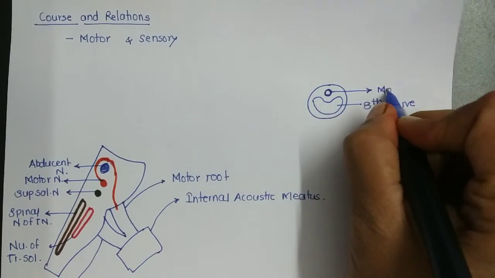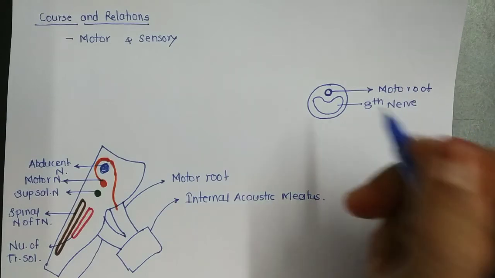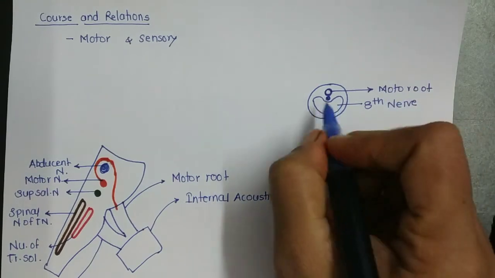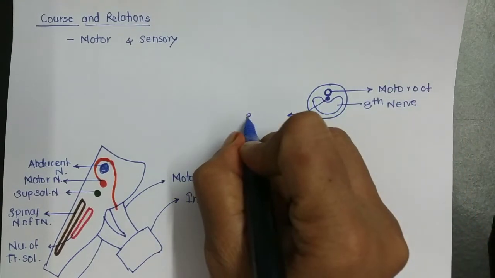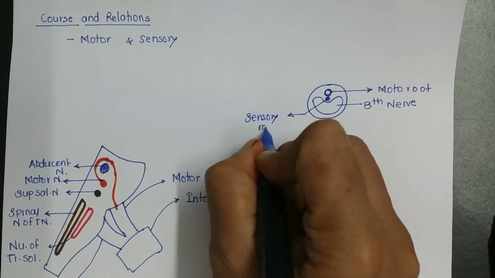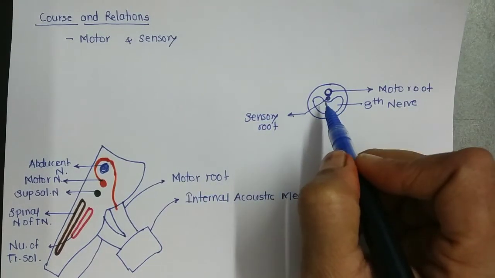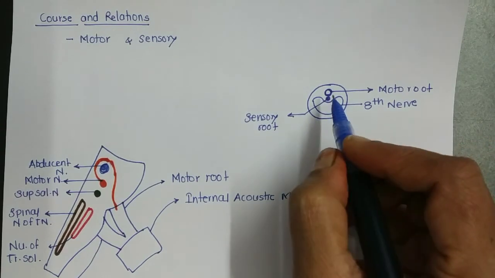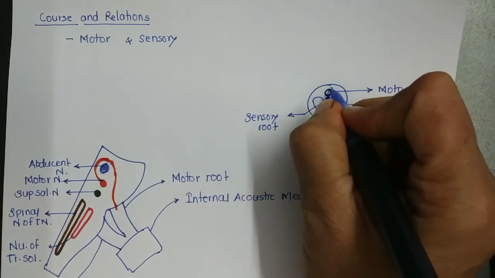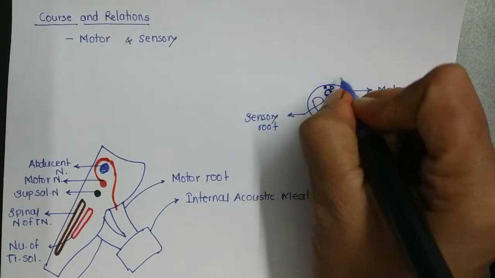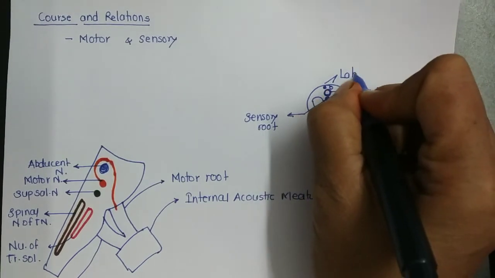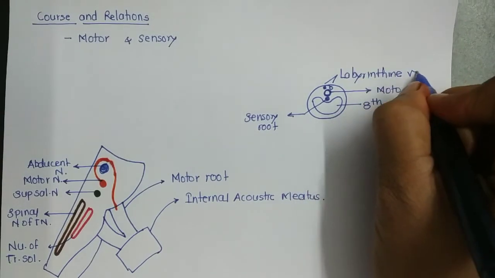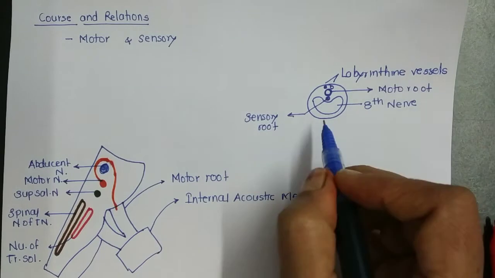So this is the motor root of the facial nerve, and the sensory root intervenes between the two. Clear? Here both the nerves, that is the 7th and the 8th nerves, are accompanied by labyrinthine vessels. So here lie the labyrinthine vessels. If we take the cross section, we are able to see the structures arranged in this way.